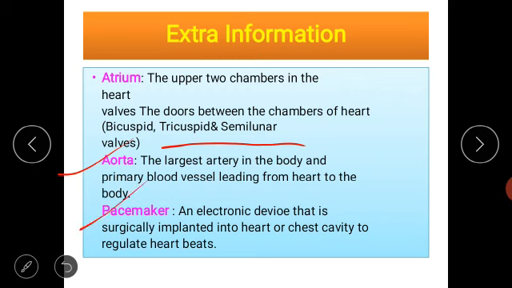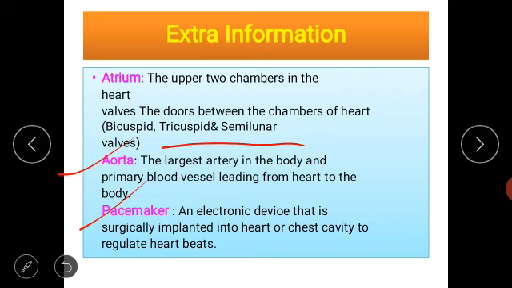Next is pacemaker, an electronic device that is surgically implanted into heart or chest cavity to regulate heartbeats. Okay, so pacemaker is an electronic device, and it is specially designed for the patients who suffer problems with the heart, blood pressure problems.